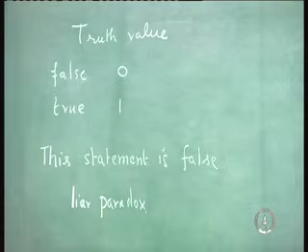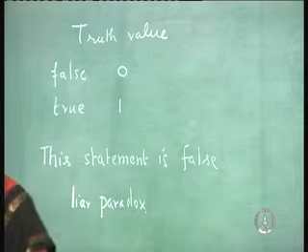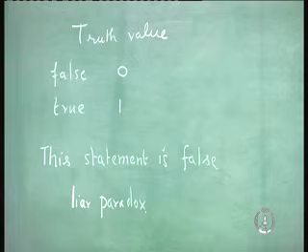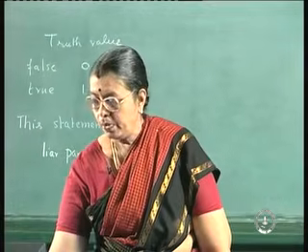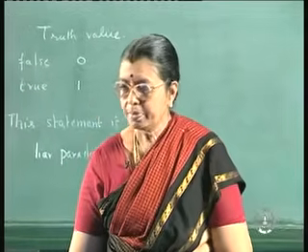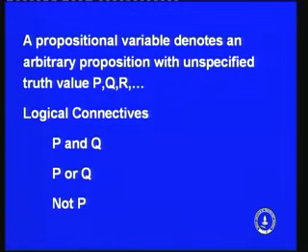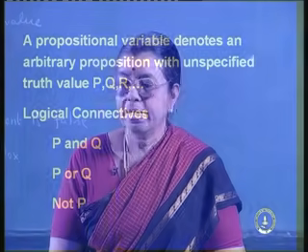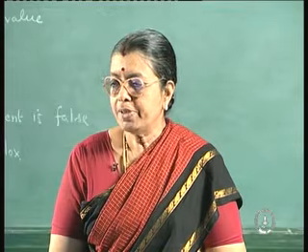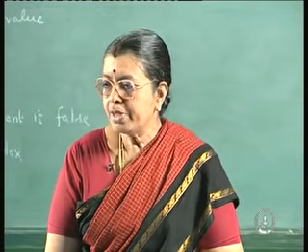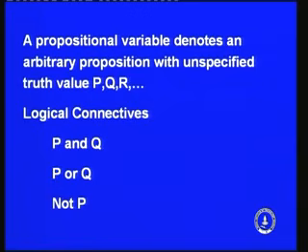And such a statement, even though it is an assertion, is not a proposition because you are not able to associate a truth value to that. Just as you have individual variables x and y to which we associate numbers, you can talk about propositional variables. A propositional variable denotes an arbitrary proposition with unspecified truth value: p, q, r.